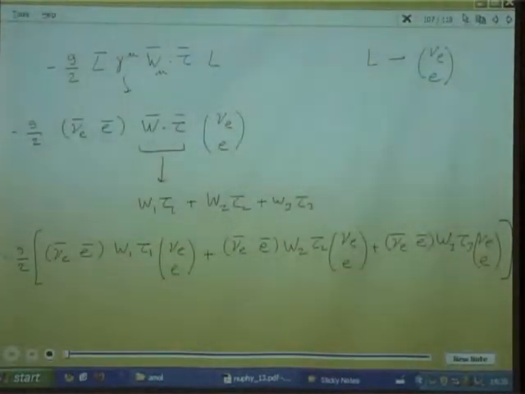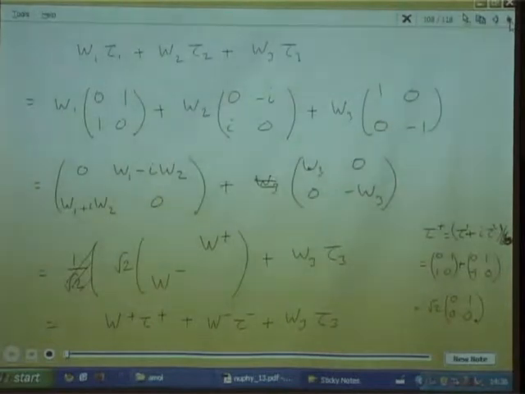Now we saw last time that you can expand this term by writing N bar as nu bar e bar, N as nu e, and W dot tau is essentially two vectors: W1 tau 1 plus W2 tau 2 plus W3 tau 3. Tau are sigma matrices, Pauli matrices. So I expand that, and then I wanted to write this thing in a simpler, more useful format.